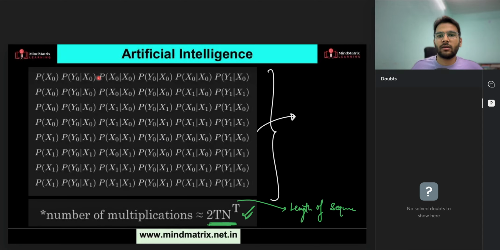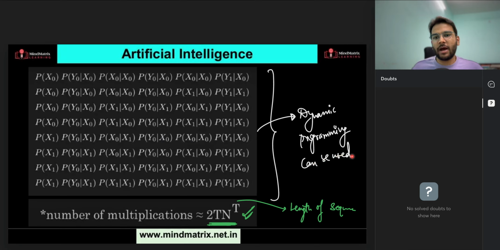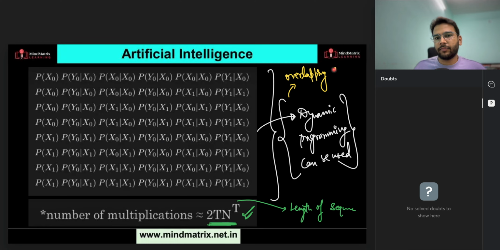Anyone? DP? Yes. So dynamic programming can be used here, because whenever there is overlapping substructure, dynamic programming can be used. Let's understand how we can use dynamic programming, and then it will be very easy for you.